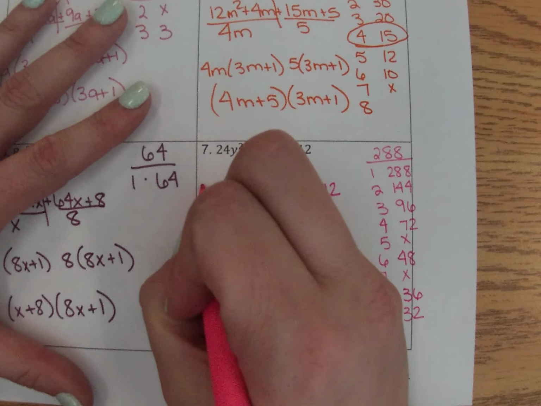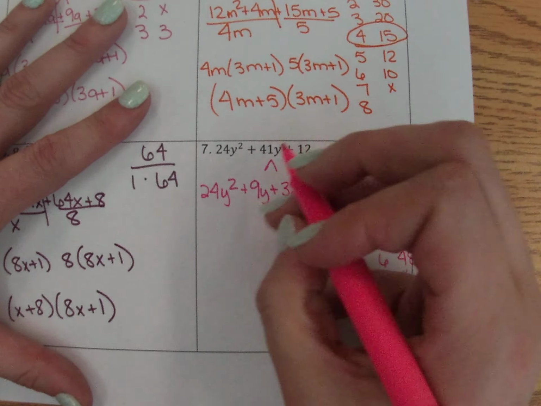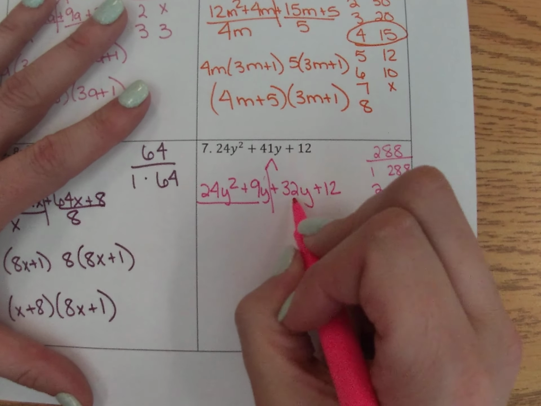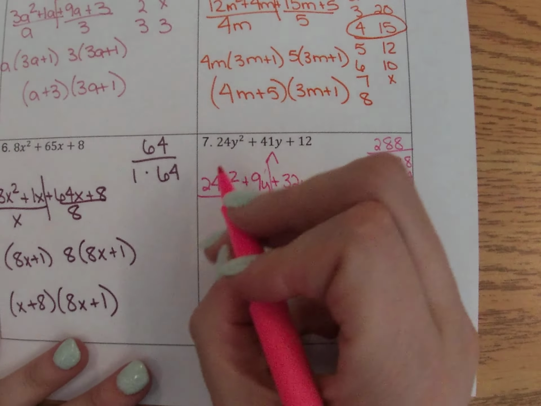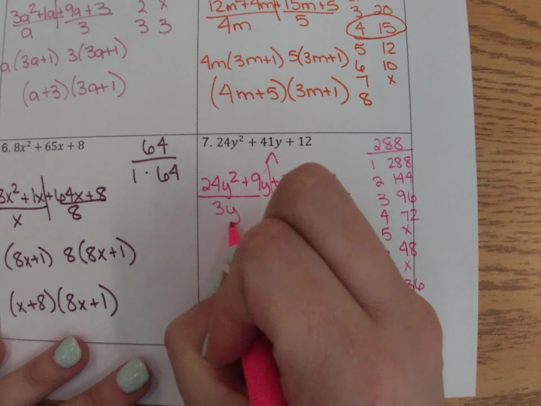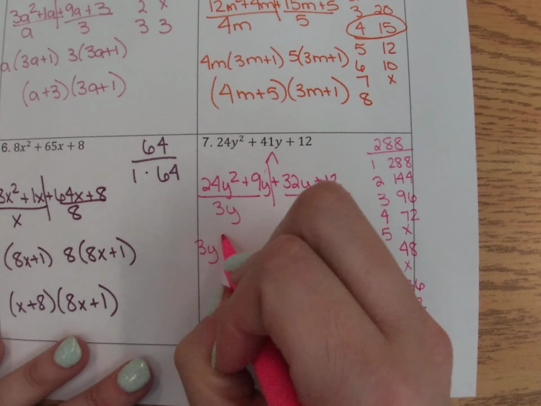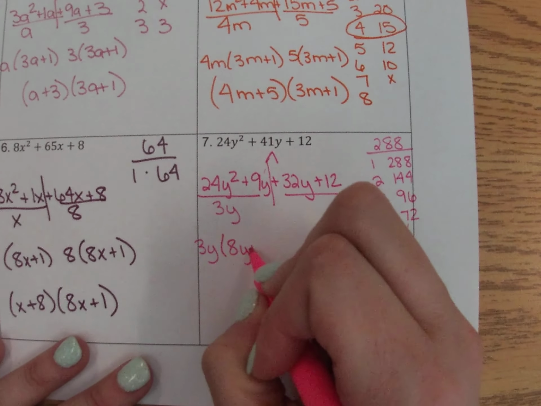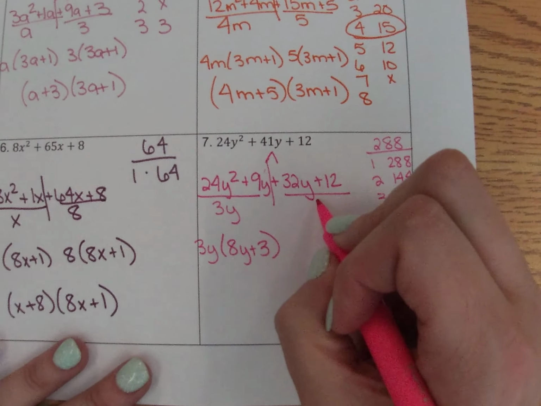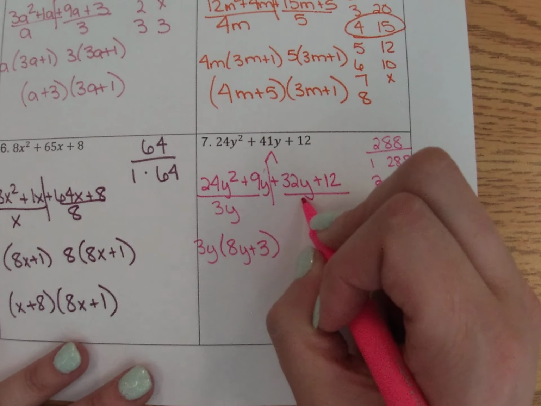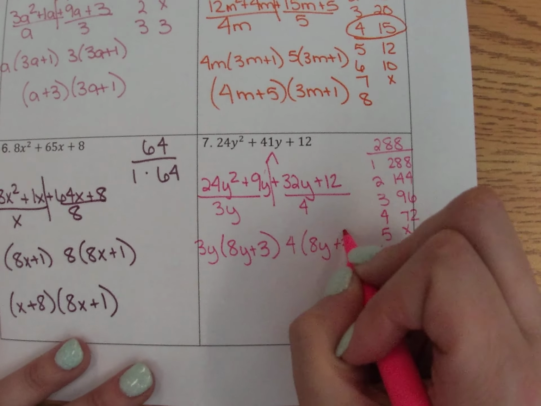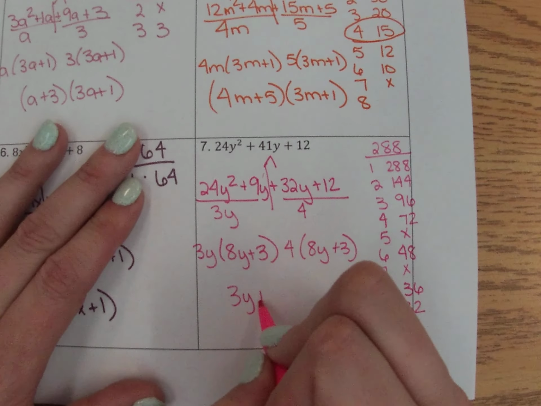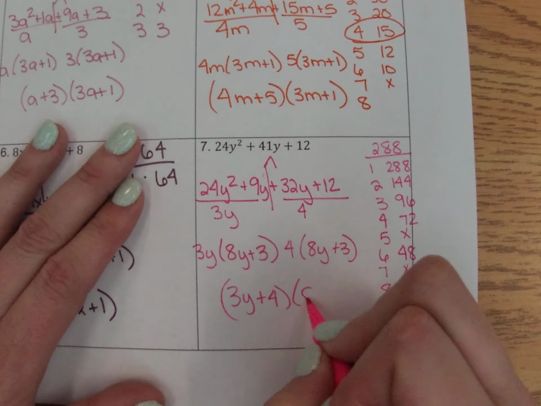If you pick the wrong set, you will not factor this correctly. So we'll get a 3y plus 4 and an 8y plus 3.